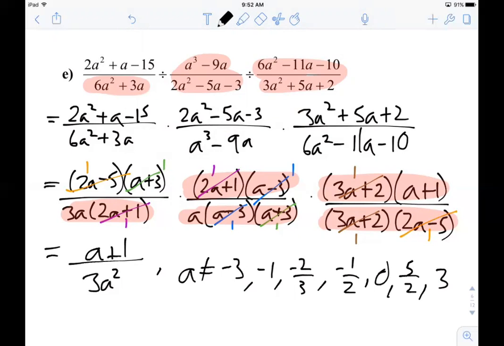If your a value happens to be any of those, then this rational expression as one overall expression simply cannot work. Because either a denominator somewhere along the way is going to be equal to 0, or you're going to be trying to divide by some other rational expression that is overall equal to 0. So all of those truly are restrictions to this final example.